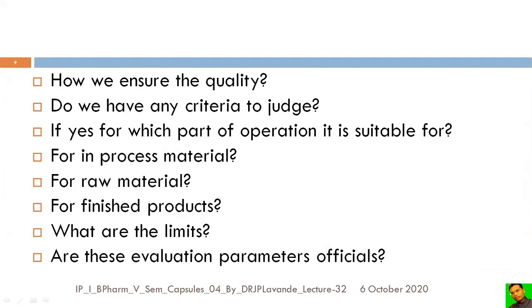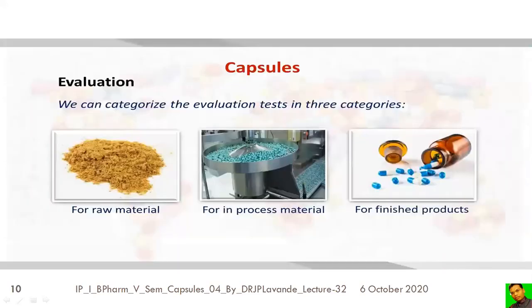Again, we need to find the answers to all these questions. So for understanding purposes, we can categorize evaluation as the evaluation tests for the raw materials, the evaluation tests for the process materials, and the evaluation tests for the finished products.